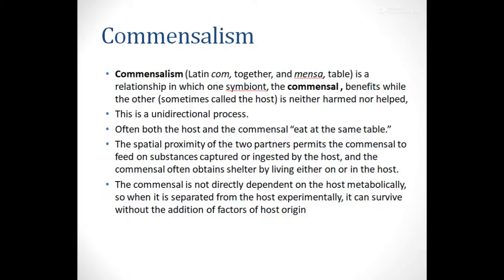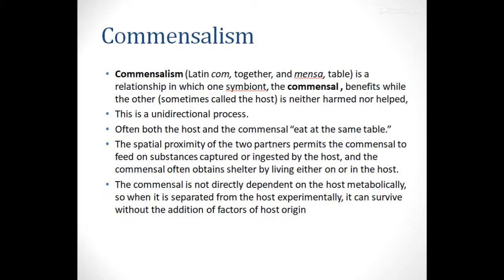They should be living in a close location so that the commensal can feed on the substances captured or ingested by the host, and the commensal obtains shelter by living on or in the host.